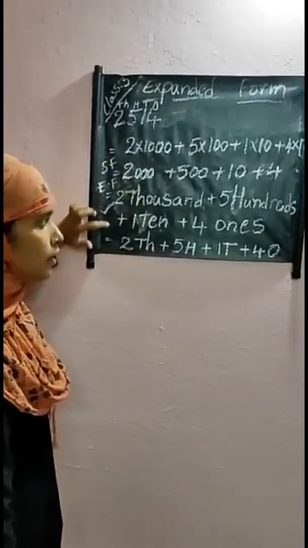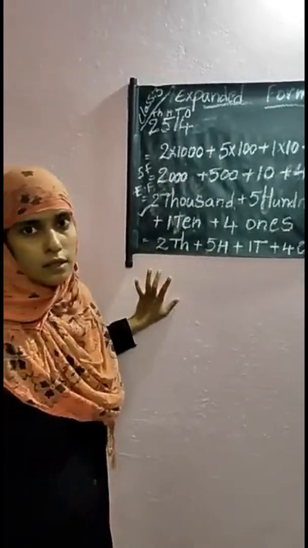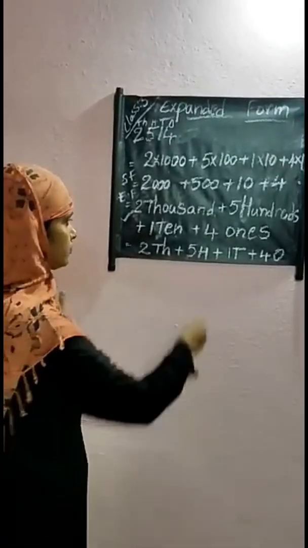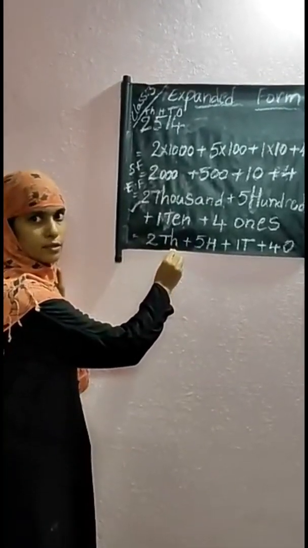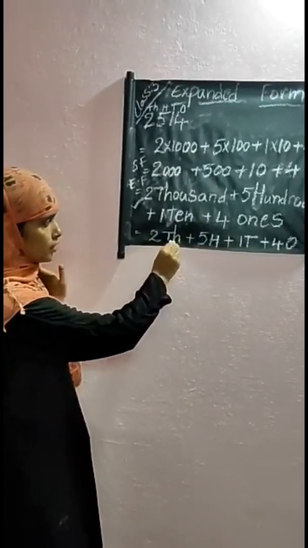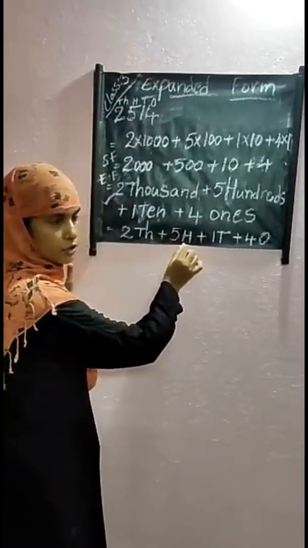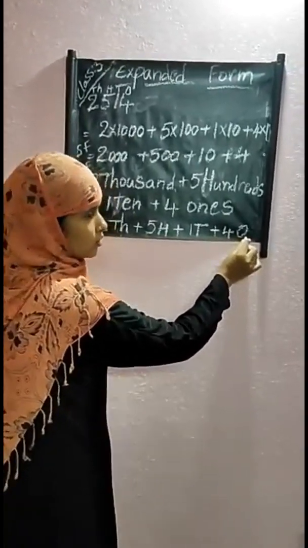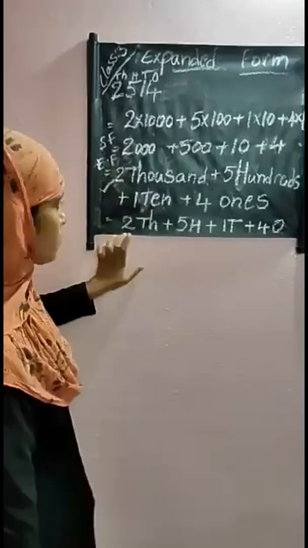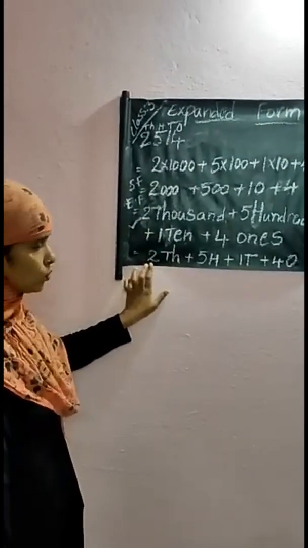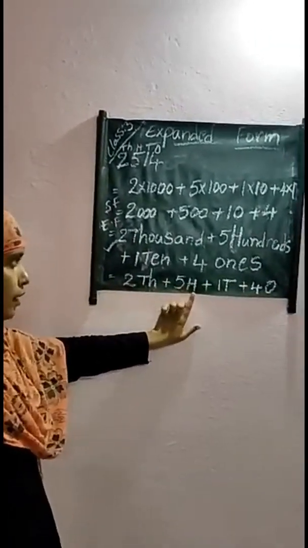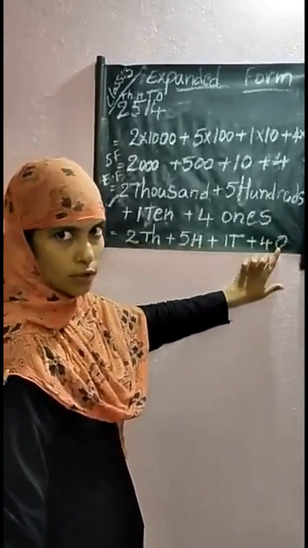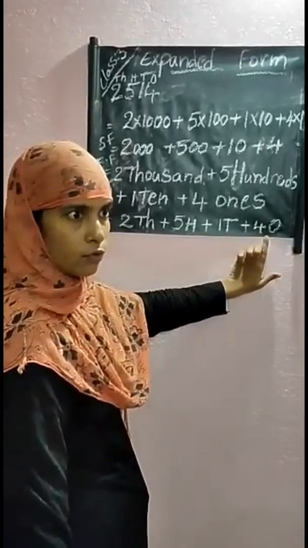Okay children. Now in blanks, the expanded form can be written by a very easy method. Thousands is TH shortcut, hundreds is H shortcut, tens is T shortcut, ones is O shortcut. 2 TH, 5 H, 1 T and 4 O. It's not 40, it is 4 ones.